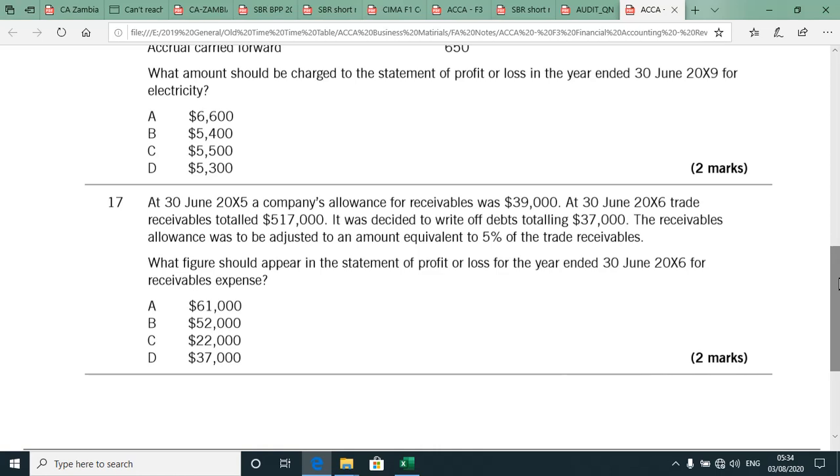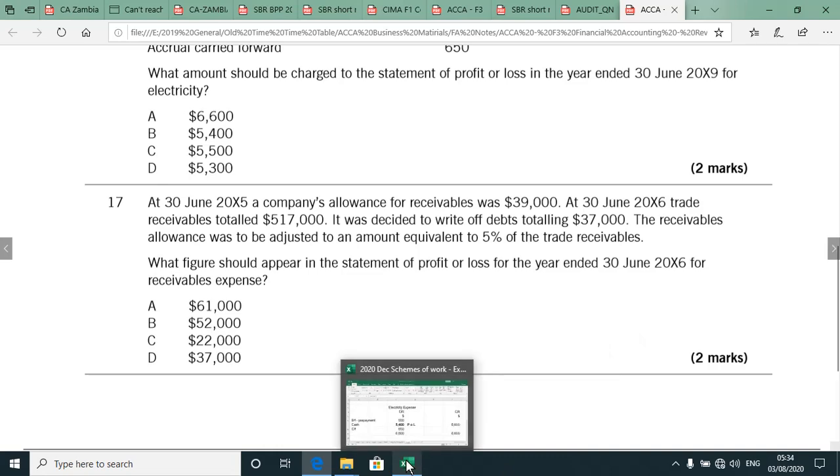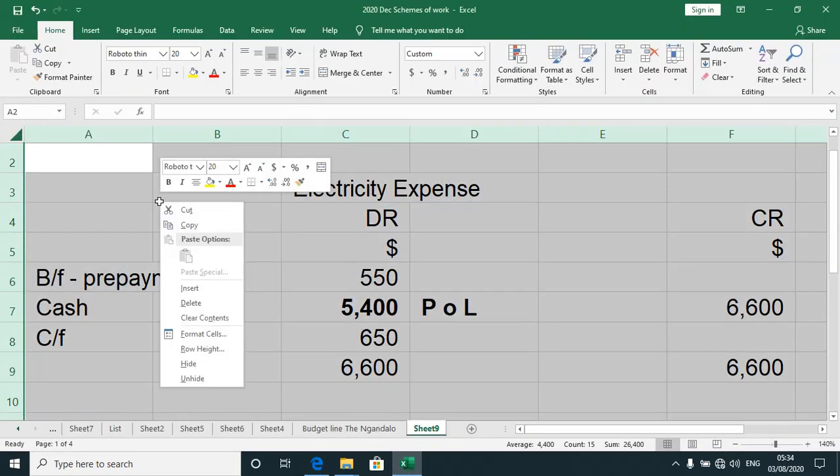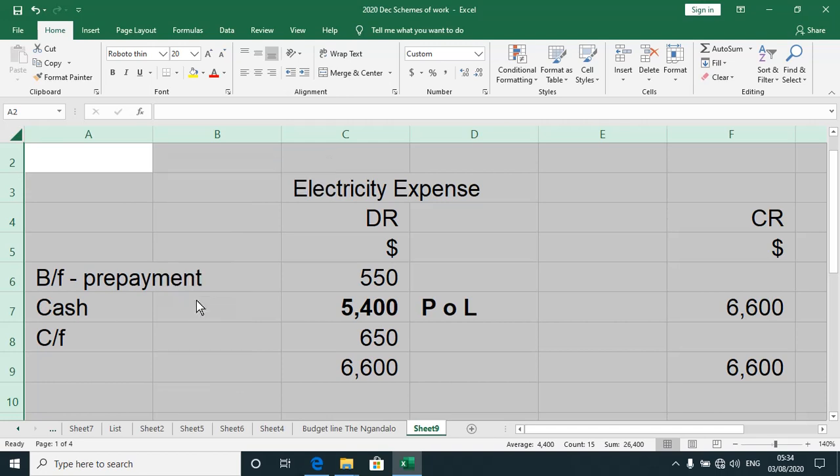What figure should appear in the statement of profit or loss for the year ended 30th June 20X6 for receivables expense? Yeah, so we have that question there. I'd like to run with my tabular way of doing this work, and then you can always ask questions on the other side.